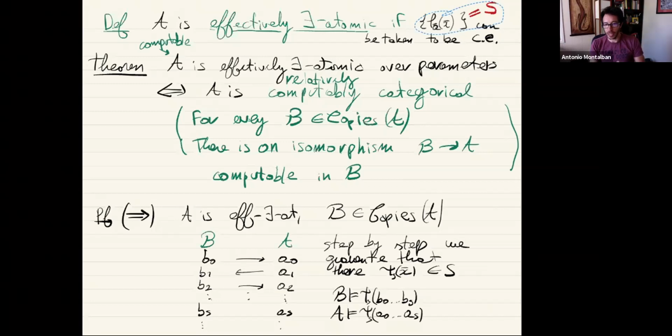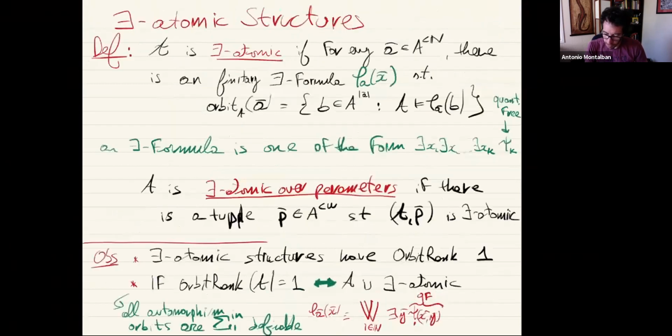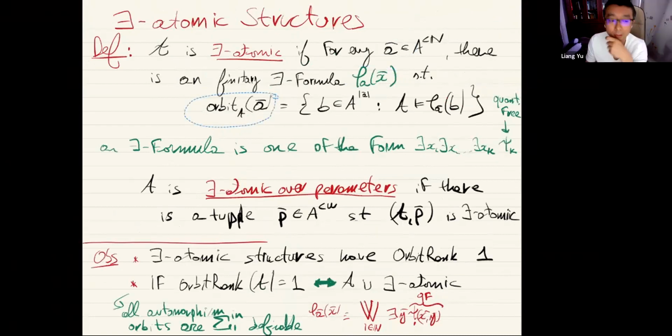No. I don't mean the type of A. Maybe I should write that a bit better. No. So this is the family of all the formulas that define these formulas. Okay. So for every A, we have a formula that defines the orbit of A. Okay. So those are the formulas. I see.